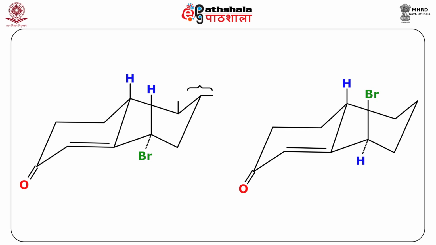It has been noted that the effect of an axial substituent in displacing the R band to a longer wavelength is greater as compared to that observed in its equatorial isomer. This is clearly shown in the figure, as you can see.